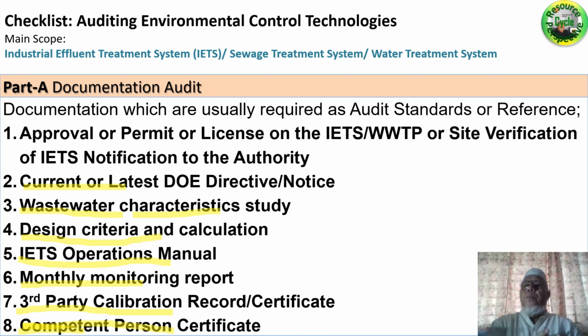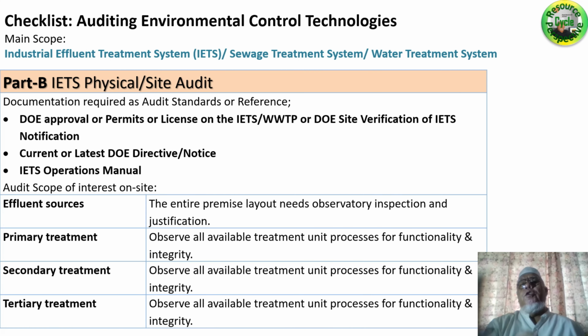Okay, let's move on to part B of this IETS audit. This is the site audit. There you are. It shall remind us to bring along documents listed as the 3 bullets above.